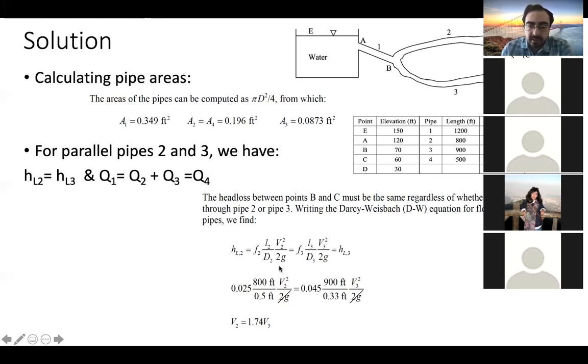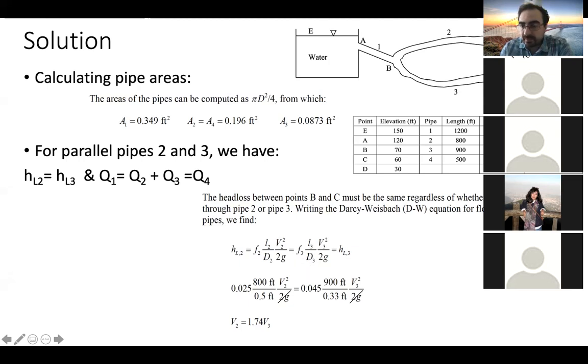And we don't have V, so I just leave it there, V2 square. We don't know what it is. If we knew it, then we would know the flow rate. So this V2 square over 2G equals HL3, which we have written here, so I rewrite it: F3 times L3 over D3.